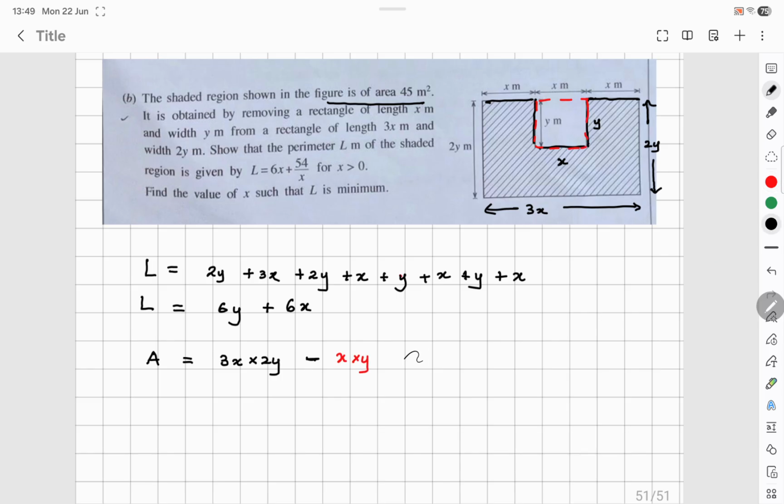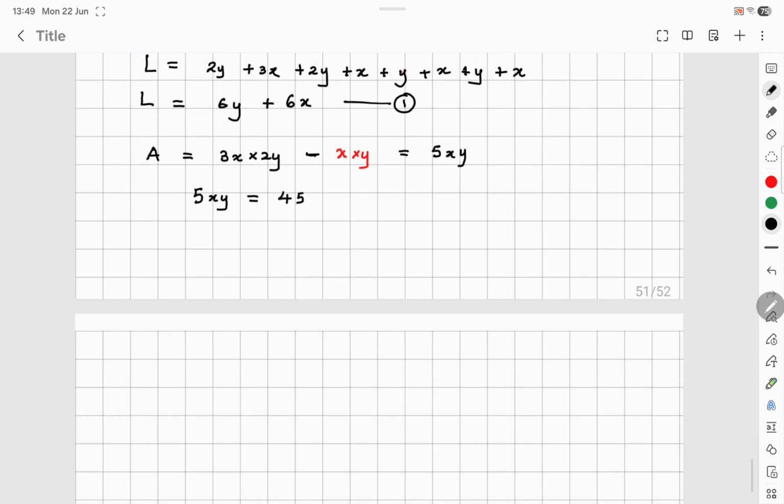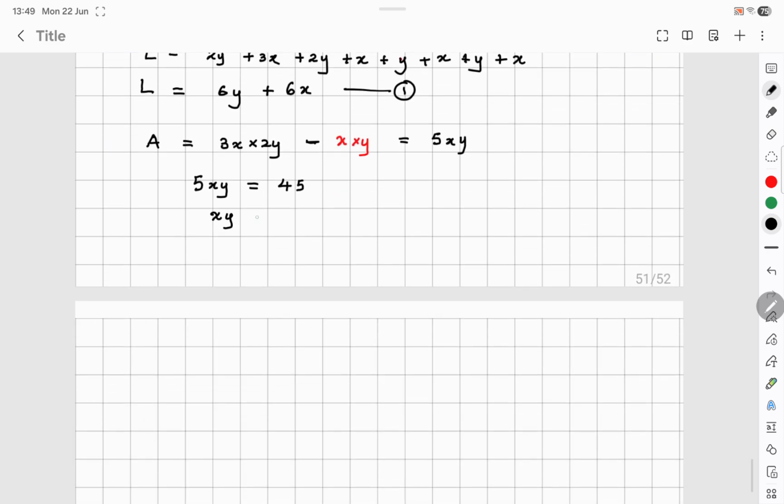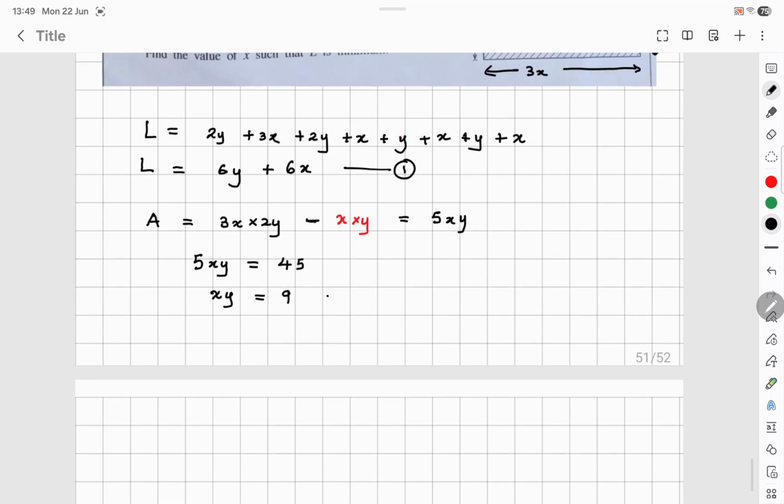So this gives us 5xy. So 5xy is equal to what? 45. That is given to us. So then xy is equal to 9, and we have to replace y now. So y is equal to 9 over x. So that is equation 2.